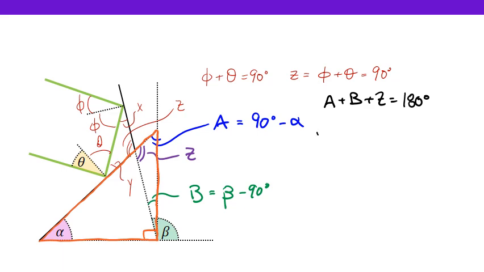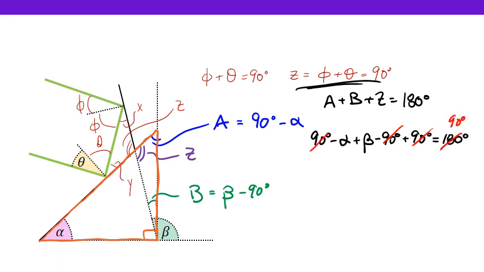I get 90 degrees minus alpha plus beta minus 90 degrees plus Z, which is also 90 degrees, plus 90 degrees, equals 180 degrees. That looks like a bunch of 90s, but we can cross some of them out. This one can cross out with that. That 90 is going to subtract off here, and we're going to have 90 degrees left over there.